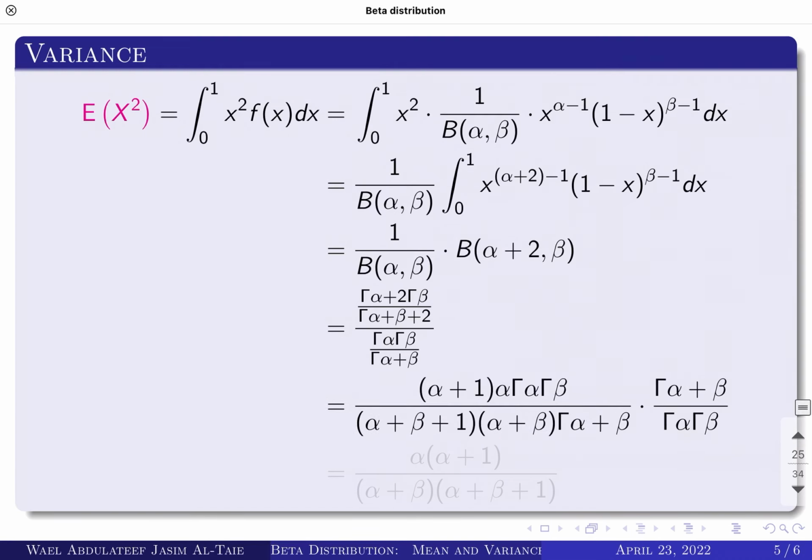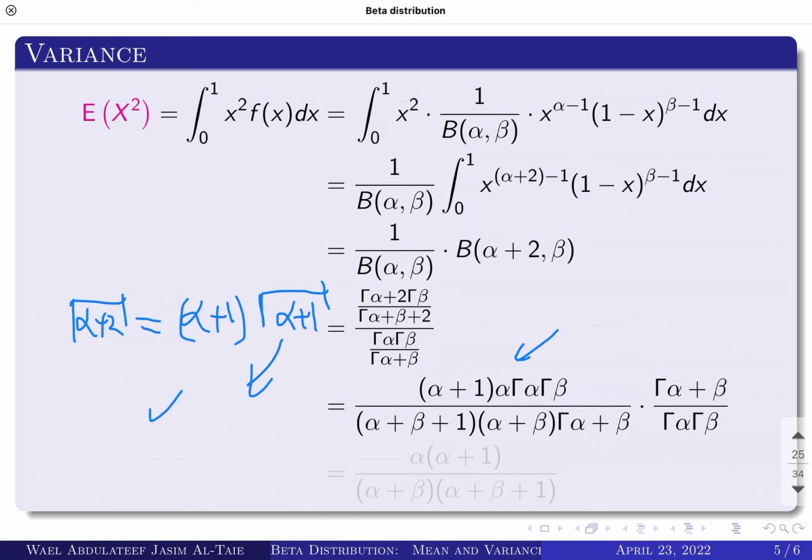Again, to simplify this more, in this part here we said gamma of alpha plus 2 equals alpha plus 1 times gamma of alpha plus 1, and gamma of alpha plus 1 can also be written as alpha times gamma of alpha.